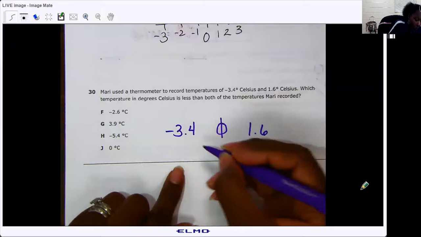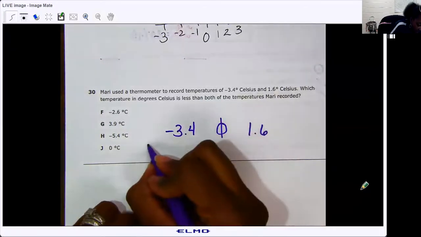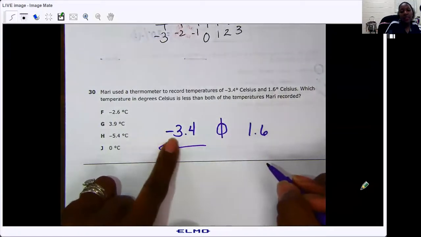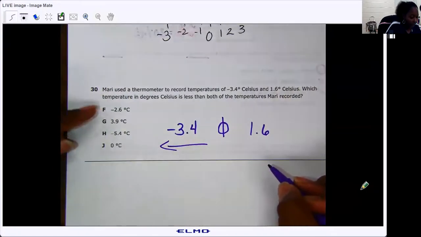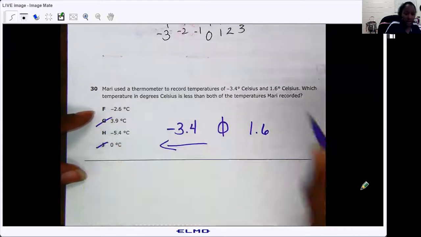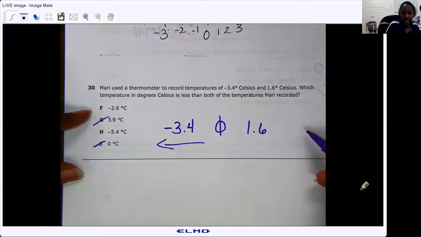Okay, so we want the one that is less than both of them. So I need something that's over here. I need it to be less than negative 3.4. So if we look at our answer choices, I have 2 positives. I can go ahead and get rid of those because positive is going this way. So that's not going to be less than.